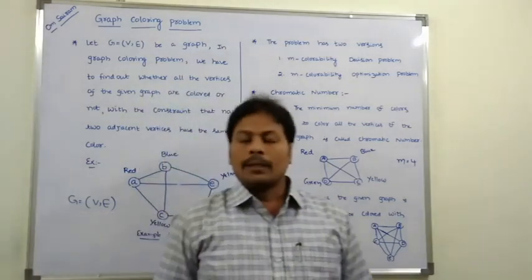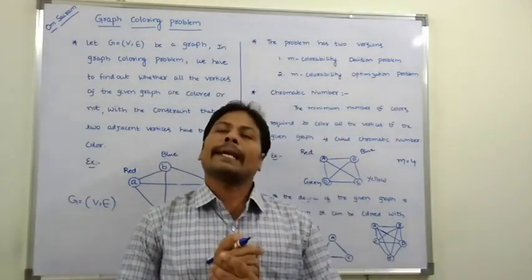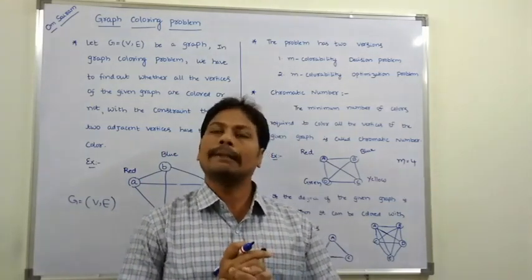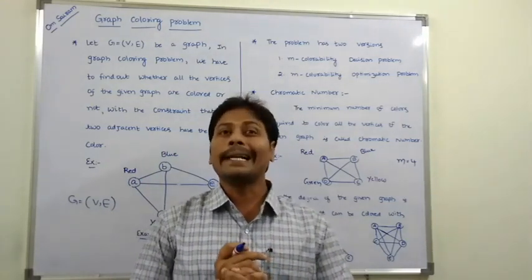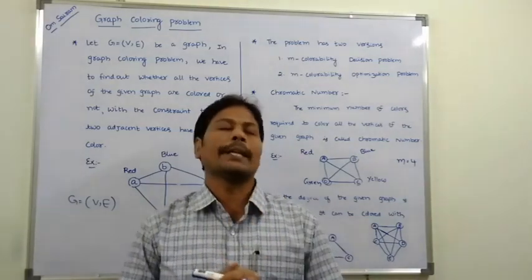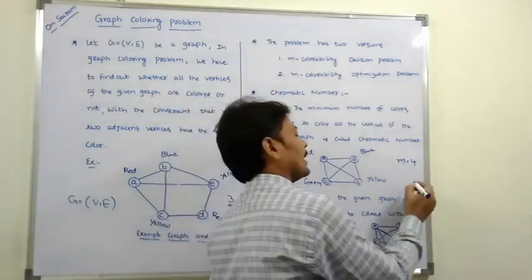Next, suppose we take a graph. For this graph, the degree of the graph is denoted by small d.